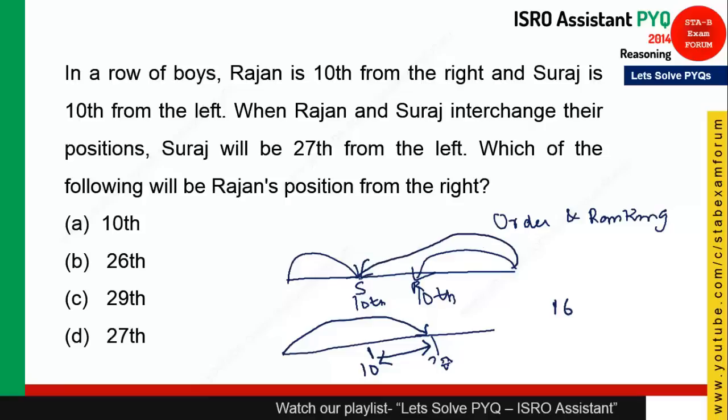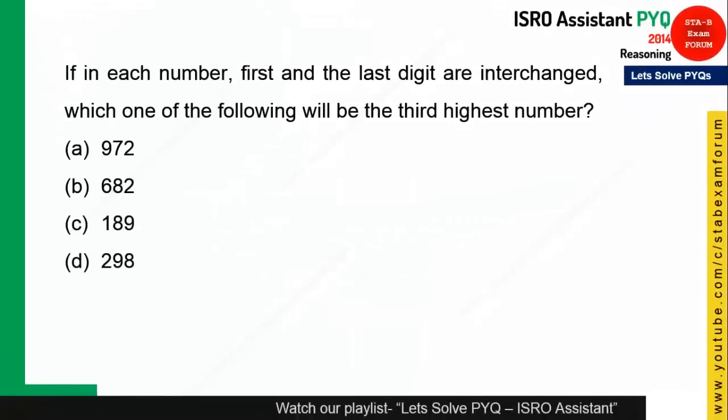Previously his position was 10th, so we need to add 10 to this 16, because the difference between these two is 16, and if we add 10, we get the position from the right. And plus 1 position, why is it required? Because we are excluding one for it. So the answer is 27. Option D, 27, is the right answer. Quickly moving to the next question.